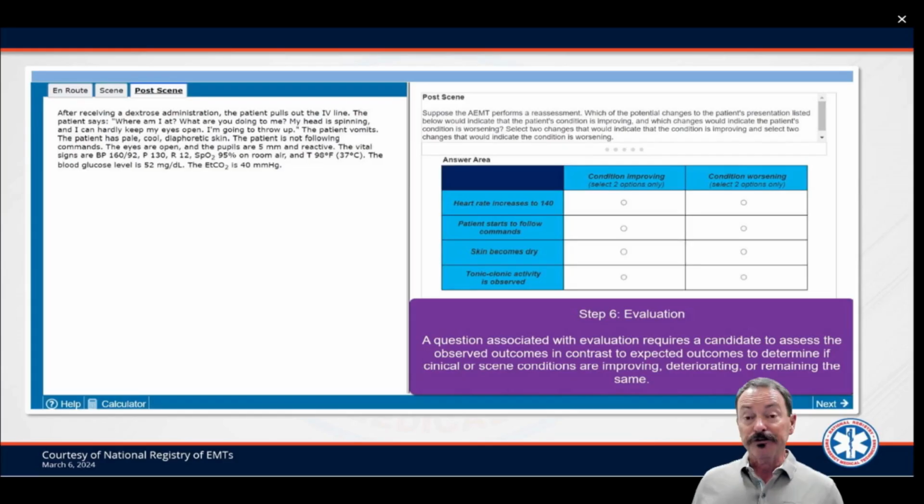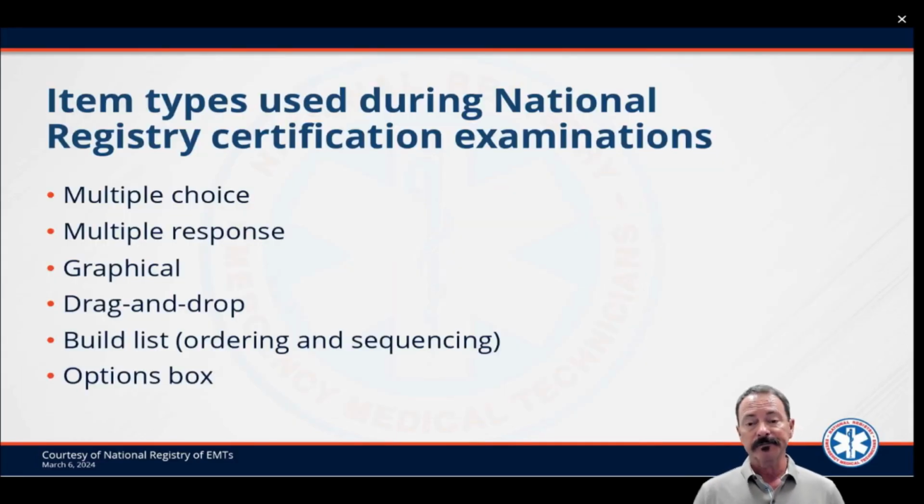The patient starts to follow commands. That would mean that they're improving. The skin becomes dry. Well, that would mean that they were improving if it was a hypoglycemic patient. And a tonic-clonic activity is observed. Well, that would be a worsening condition in that situation, right?